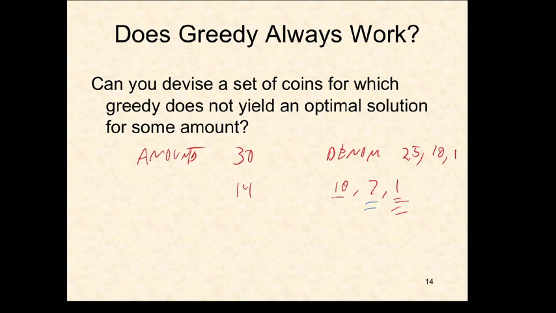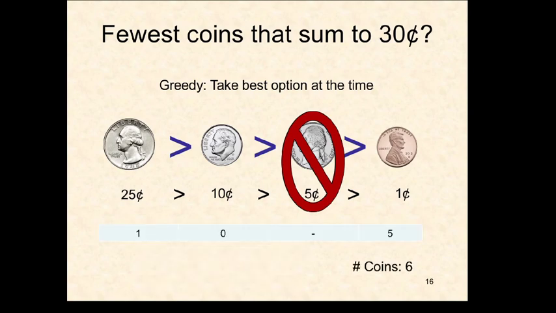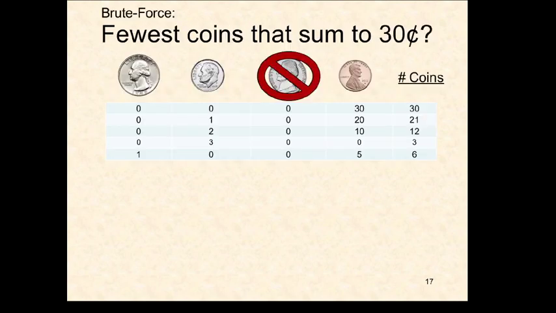So here's a problem that sometimes the denominations allow the greedy algorithm to be optimal, and sometimes the denominations don't. So there's one, like he said, if we were to cross out the nickels. Actually, sorry, before we go on to that one.